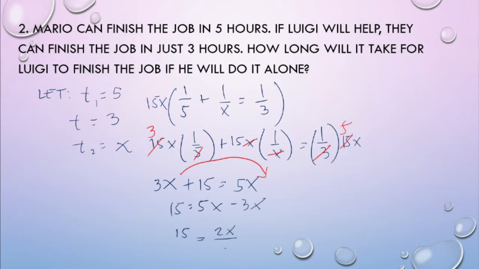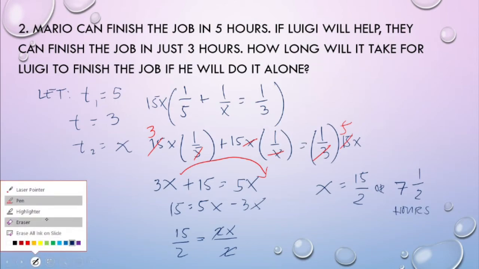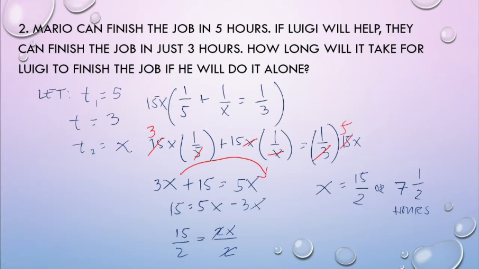Then, divide both sides by 2. Okay? So, cancel 2. The value of x is equal to 15 over 2. If that is improper, that can be 7 and 1/2 hours. So this is the time for Luigi to finish the job if he will do it alone, without the help of Mario.